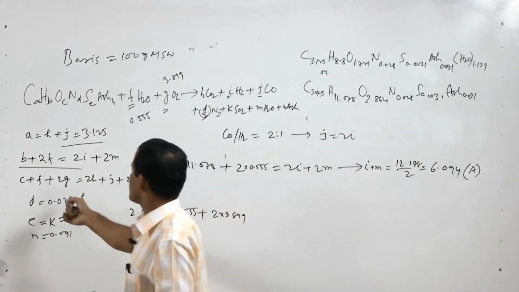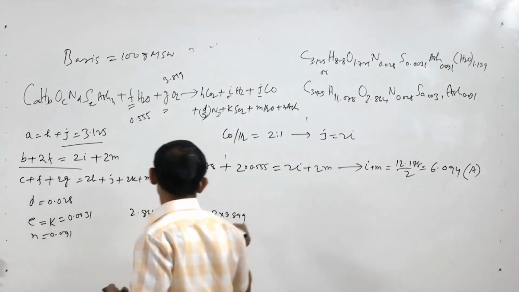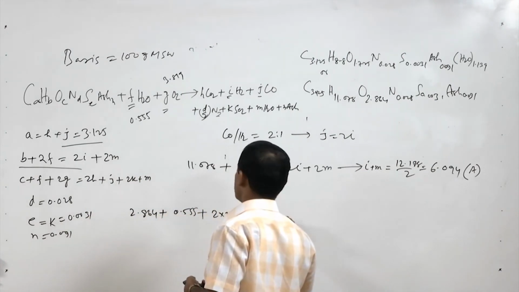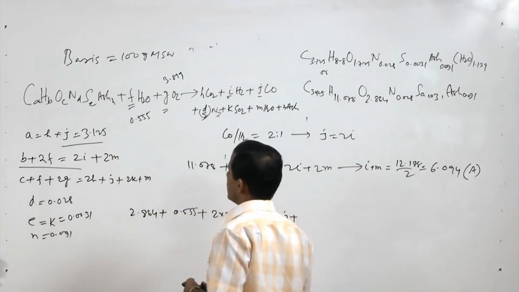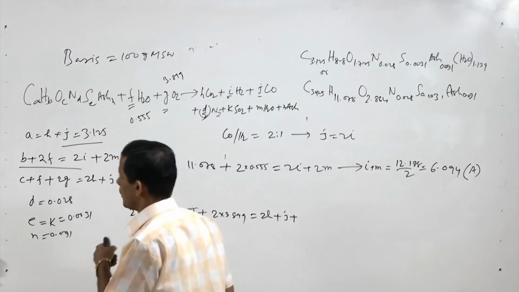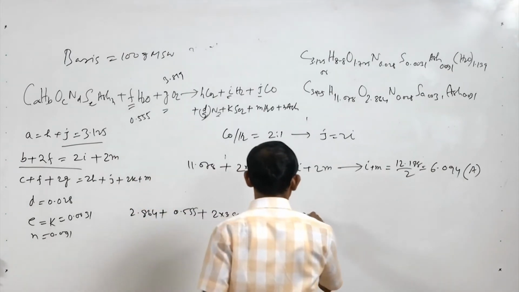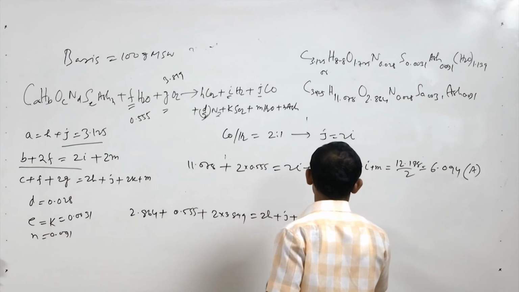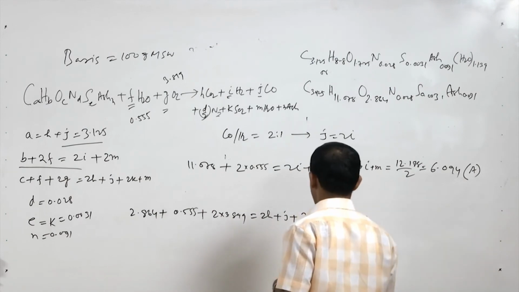So, this is the left hand side, and the right hand side is equal to 2H plus J plus 2K plus M. So, 2K is 2 into 0.0031 plus M.